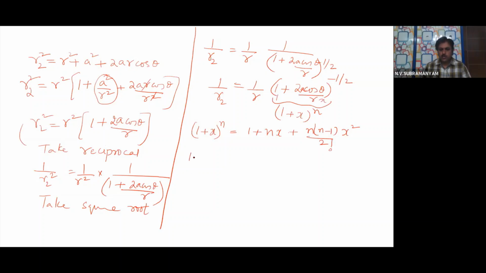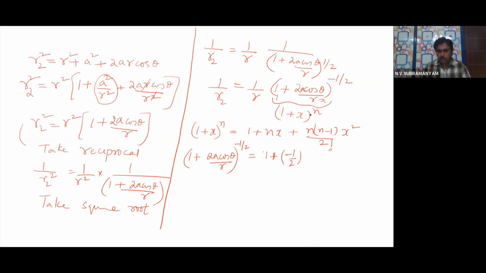So now substitute. 1 plus 2a cos theta by r whole power minus half is equal to, what is the substitution? 1 plus nx. What is n? Minus half.